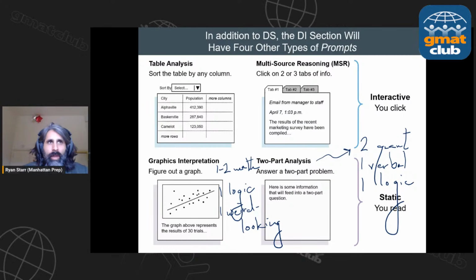The hardest question I can remember from my data insights section was a graph question. And it was a very weird looking, logic based graph. It was kind of a scatter plot, but there were, I think, about 5 different kinds of dots, for lack of a better word, on the scatter plot. They were really little icons of things, right? So 5 different kinds of things shown on this scatter plot.